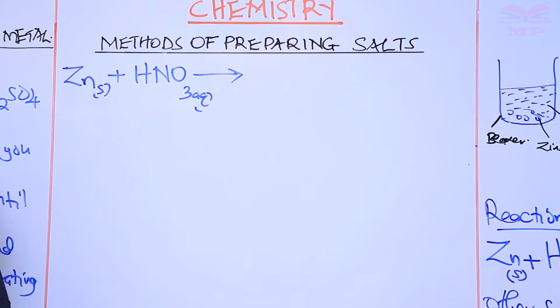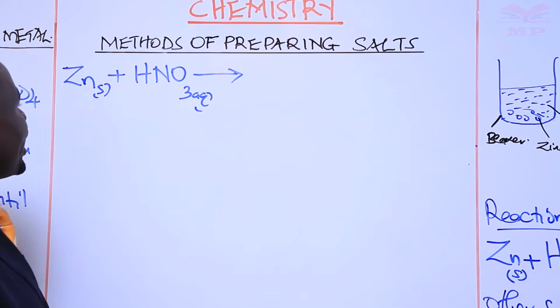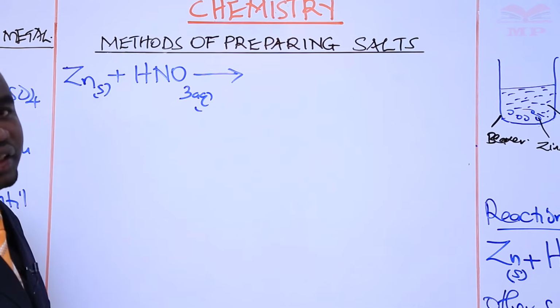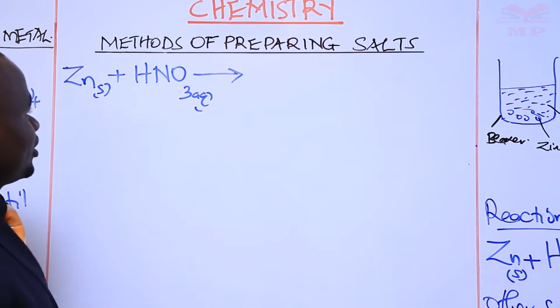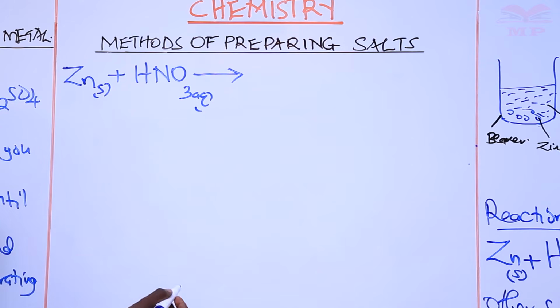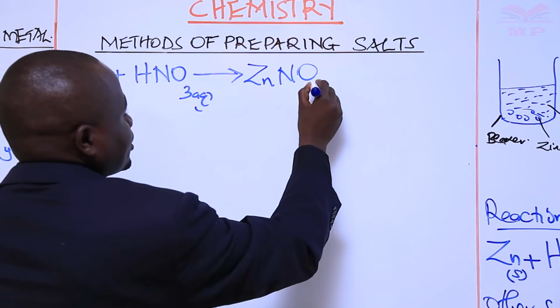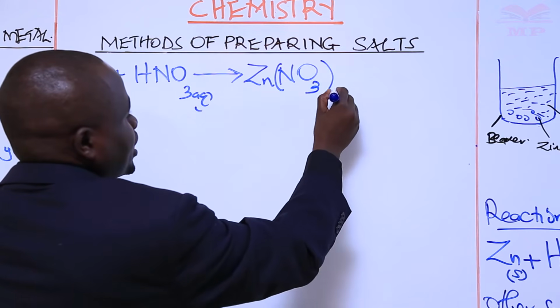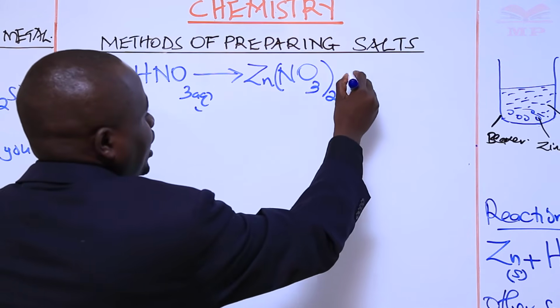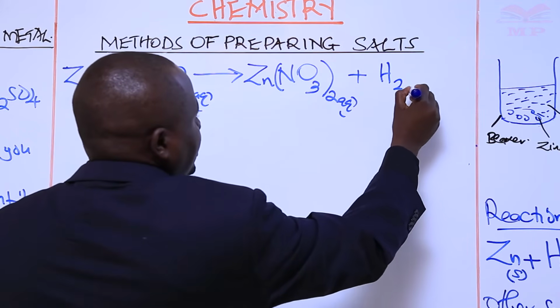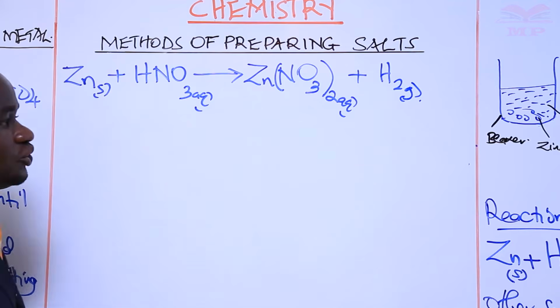You take the acid, you put it in a beaker, and then you add zinc powder until it is in excess. You'll get a salt, and that salt is called zinc nitrate. That's how we write zinc nitrate, plus hydrogen gas.